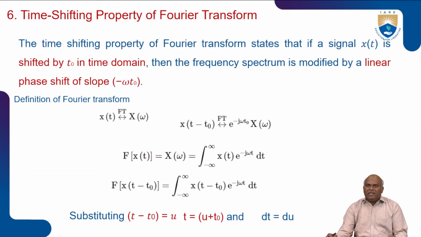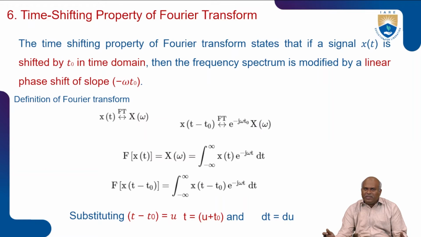Okay. Next, the time shifting property of Fourier transform. The time shifting property states that if a signal x of t is shifted by t0 in the time domain, then the frequency spectrum is modified by a linear phase shift of slope minus omega t0.